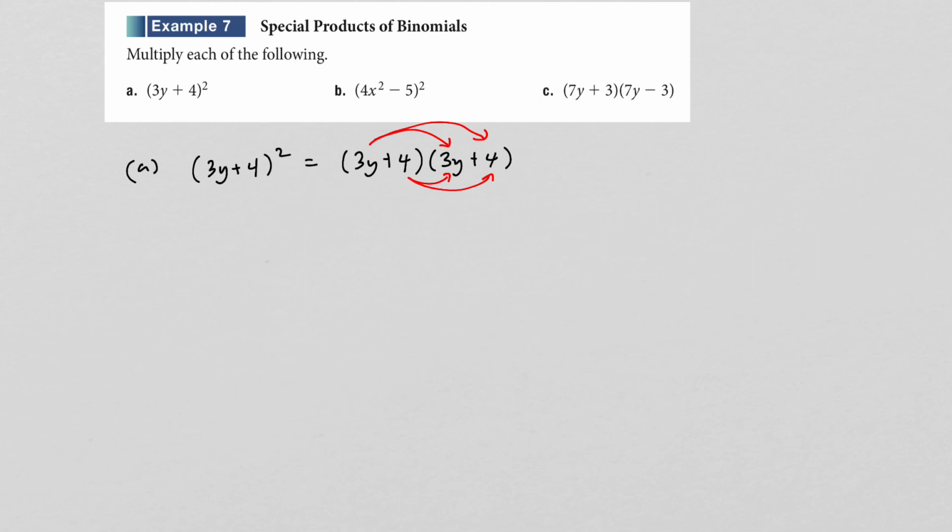3y times 3y is 9y squared. 3y times positive 4 is positive 12y. And then 4 times 3y is positive 12y again. And then 4 times 4 is positive 16. So what you should notice is that you have 12y plus 12y. So you have two 12y's, and two 12y's, of course, is 24y.